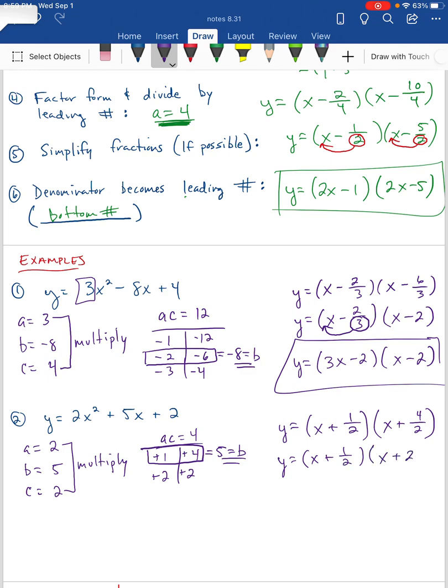However, 4 divided by 2 will give you 2, so I can simplify that. Last step, your denominator in the first set of parentheses will become your leading number. So I have y equal to 2x plus 1 times x plus 2 as my final answer.